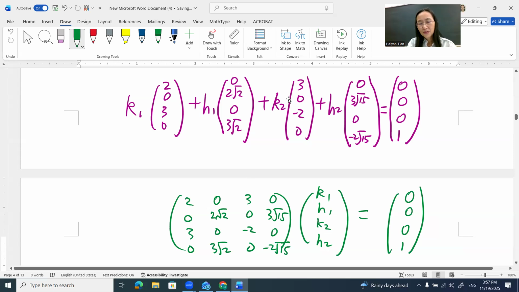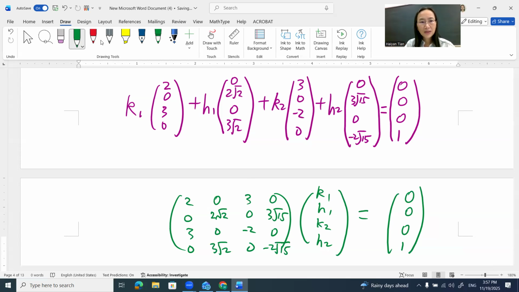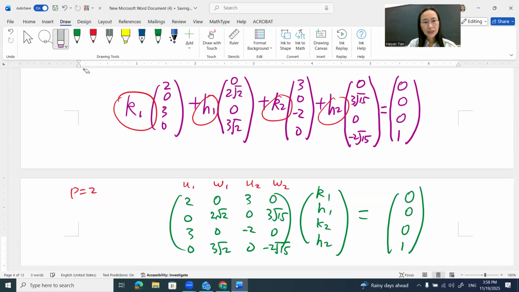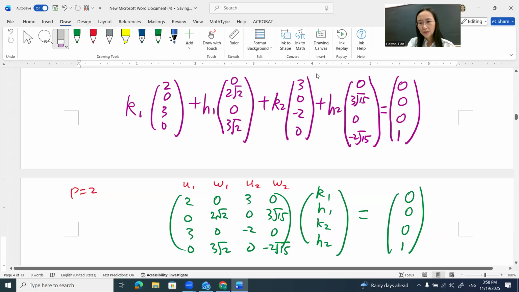So you notice what these columns are, right? This first column here is the U1, that's the W1, that's the U2, that's the W2. So here when P is 2, we get a 4x4 matrix, and then we can determine the 4 real values for those variables to make them satisfy the initial condition.